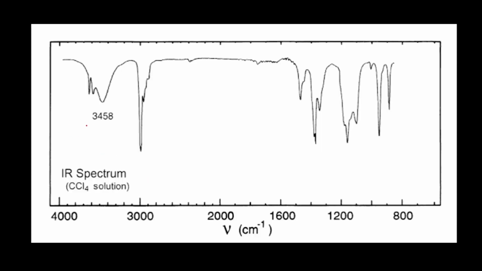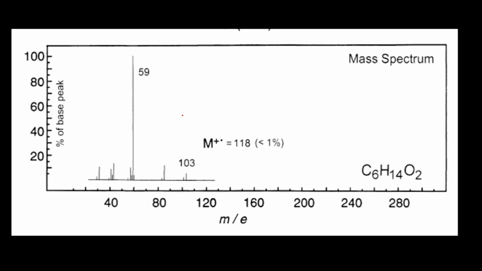So in the IR spectrum you are watching here, there is a 3458 peak. This peak is due to the OH group. As you all know, this is due to the OH group, so it means hydroxyl groups are present in your compound. Here in the mass spectrum, as you may see, this is your molecular formula, that is C6H14O2.